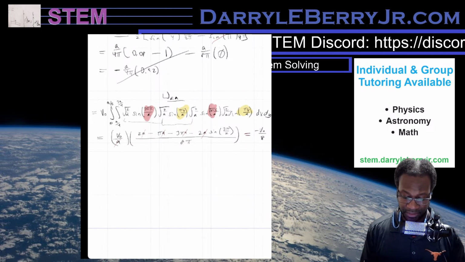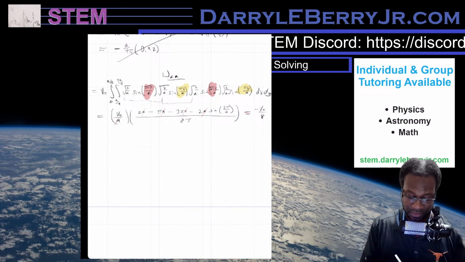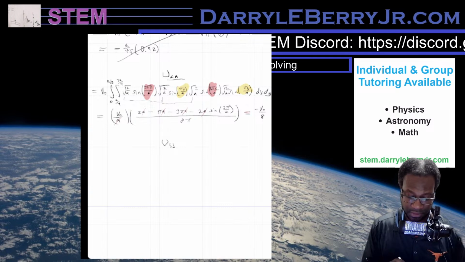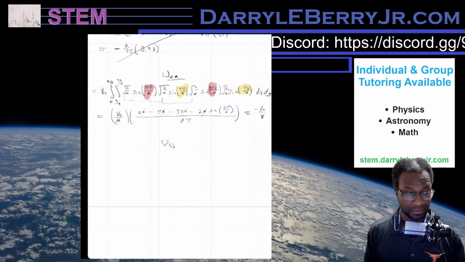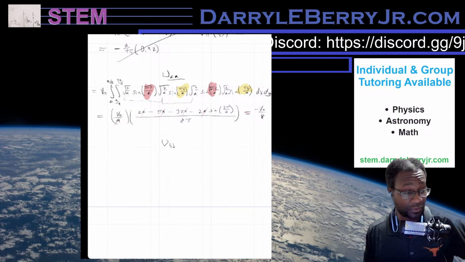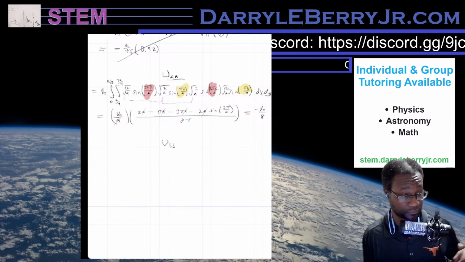So that is WAA, and WBB would be the same thing, except now the y's would be the double threes. So the bounds would be different on the double threes.